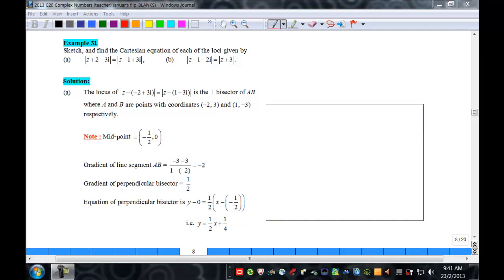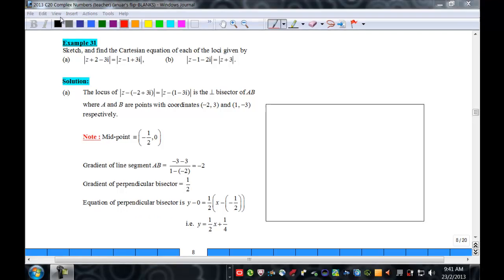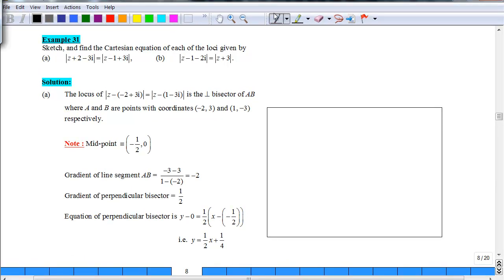Okay, let's take a look at example 31a. We know that the standard form of the locus of a perpendicular bisector of a line segment will take this form. Just as a recap, modulus of z minus (p1 plus q1i) is equal to modulus of z minus (p2 plus q2i).